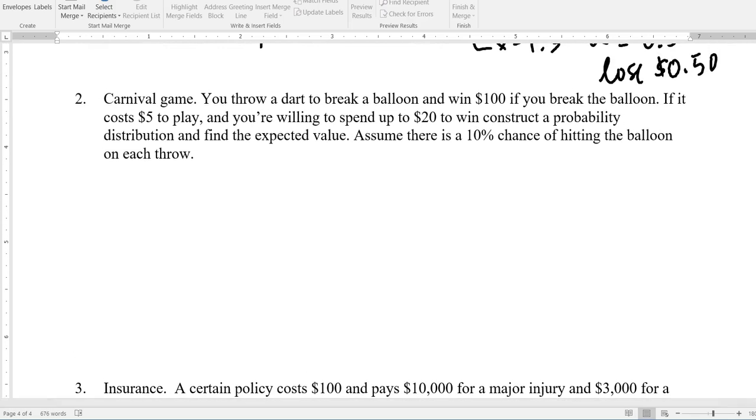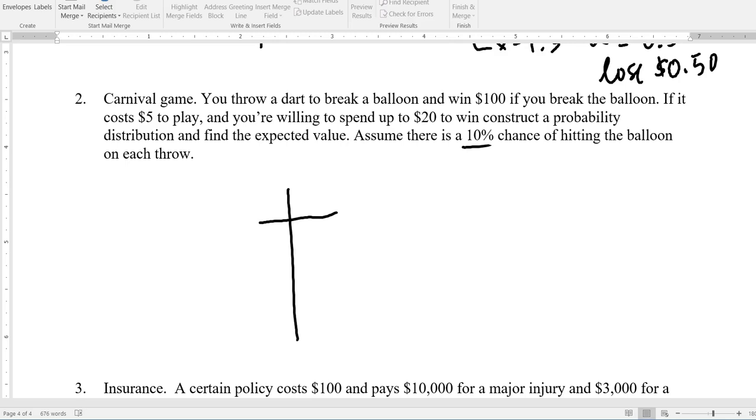You throw a dart to break a balloon. You win $100 if you break the balloon. If it costs $5 to play and you're willing to spend $20 to win, construct a probability distribution to find the expected value. Expect there is a 10% chance of hitting the balloon on each throw. What are our outcomes?